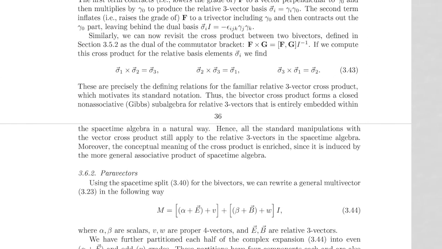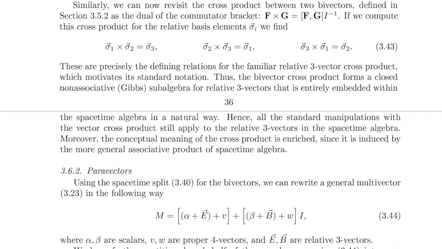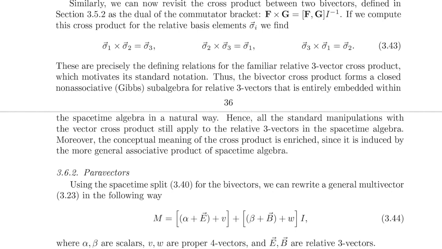We have created a new algebra just for these relative three vectors. And it's non-associative. Why is it non-associative? I guess we should address that, because if E1 is a relative three vector, cross E2 is a relative three vector, cross E3 is a relative three vector, it's famous that the cross product is not associative, right?